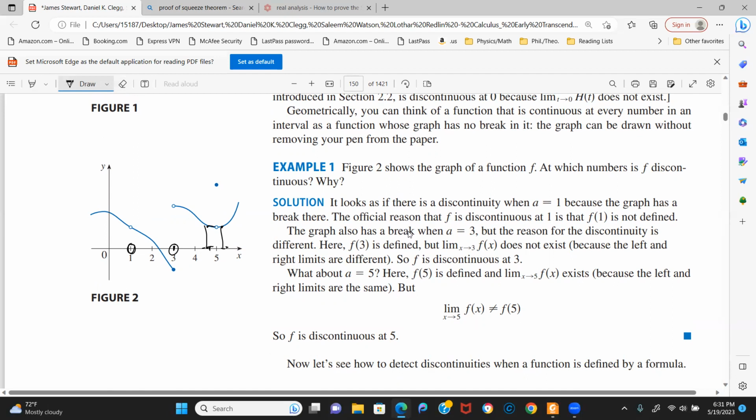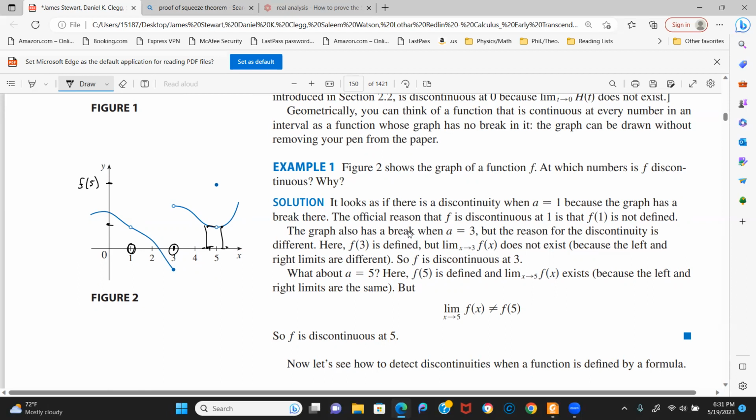This will be some number, and the value right here is going to be f of 5. And you can see that they don't equal each other. So intuitively we want to say, yes, this function is not continuous at 5.